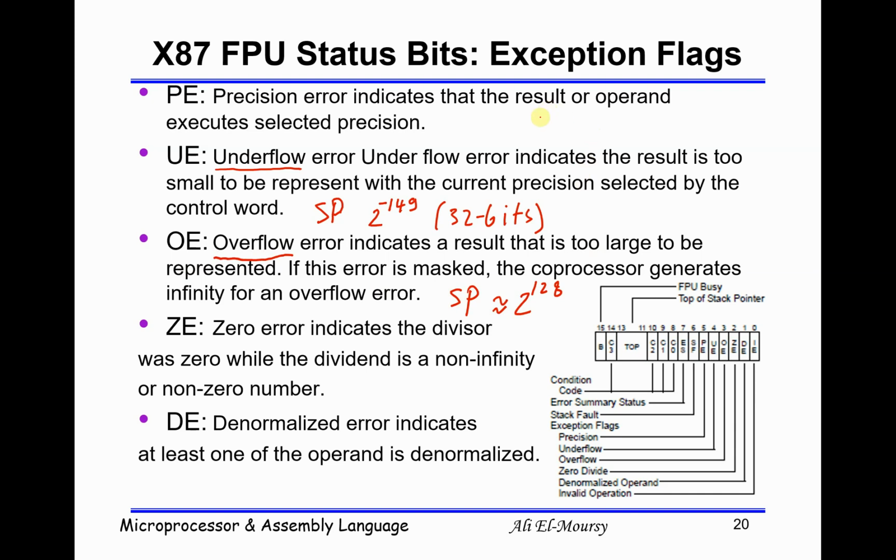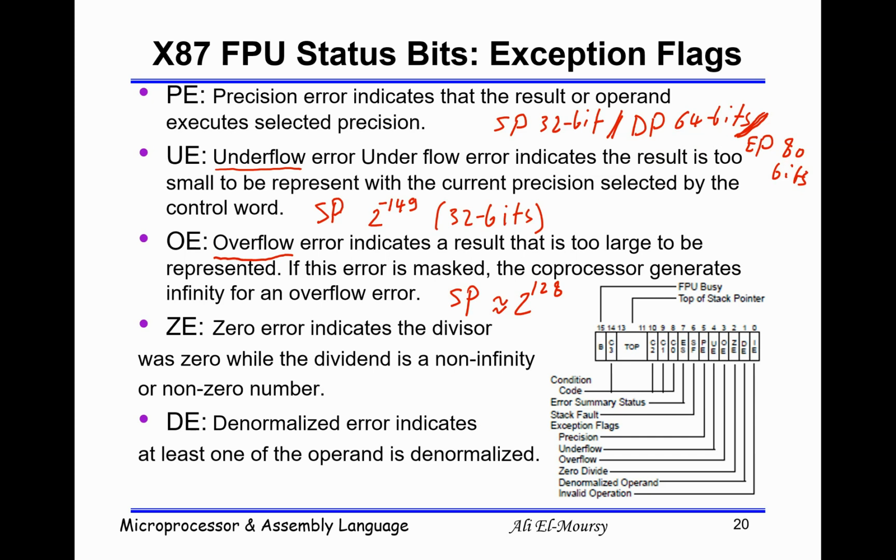As we will see shortly, we have single precision of 32 bits, double precision of 64 bits, and extended precision of 80 bits.